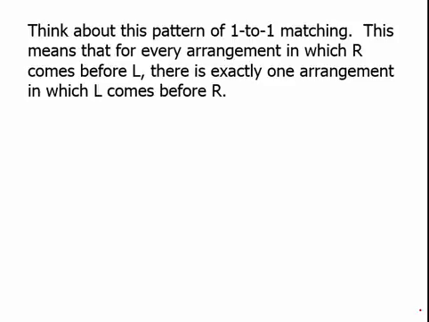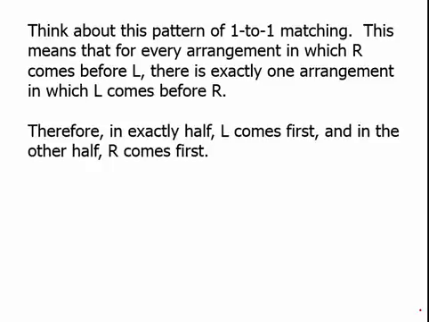Think about this pattern of one-to-one matching. This means that for every arrangement in which R comes before L, there is exactly one arrangement in which L comes before R. Therefore, in exactly half, L comes first, and in the other half, R comes first.